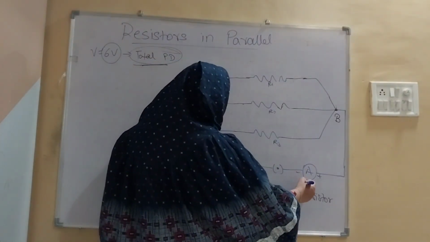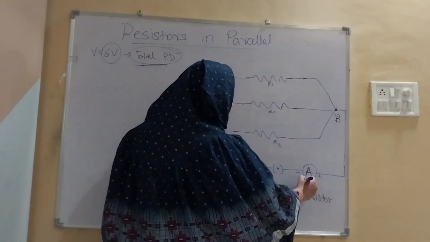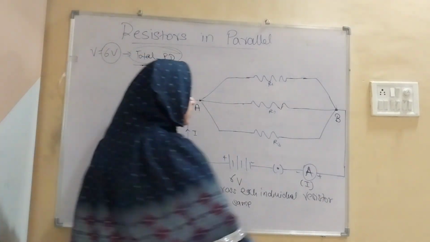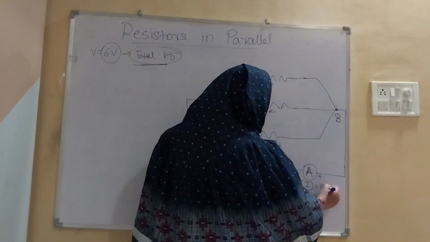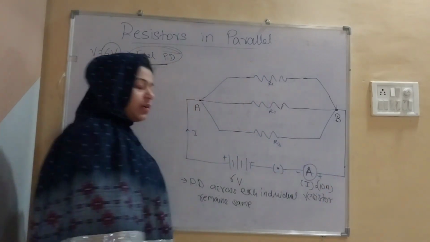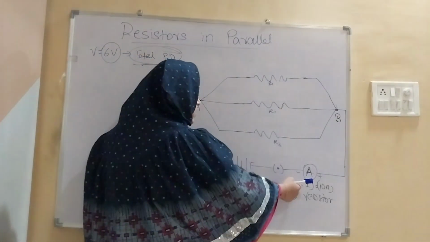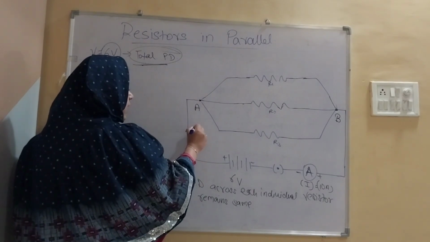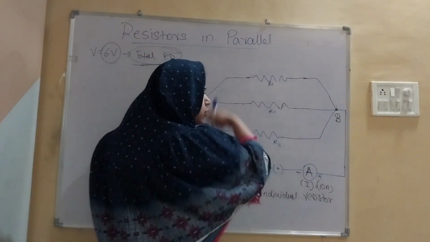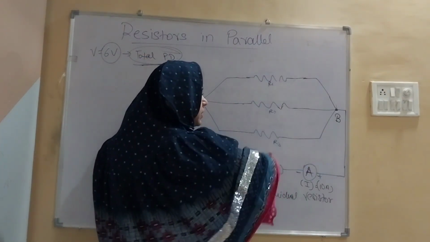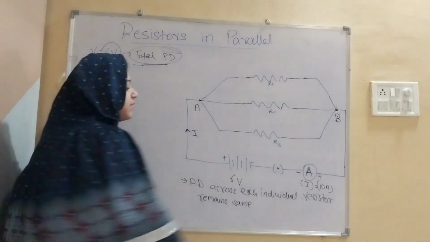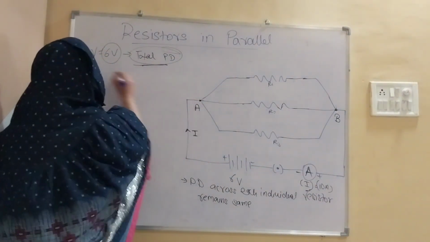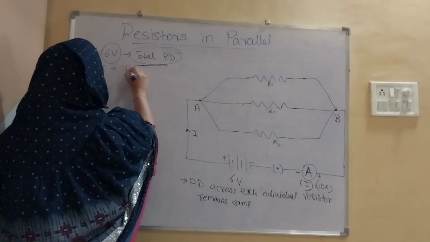Say the reading of the ammeter gives us a total current I, say 10 amperes, for example. So we note the value when we attach the ammeter to the entire combination of the three resistors, and the total current is I.